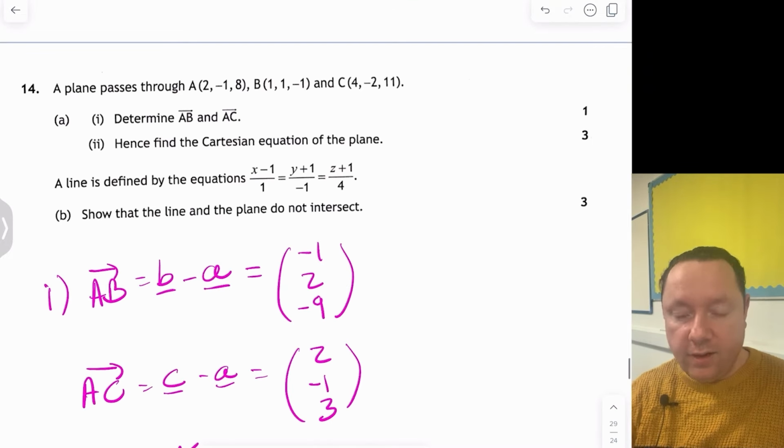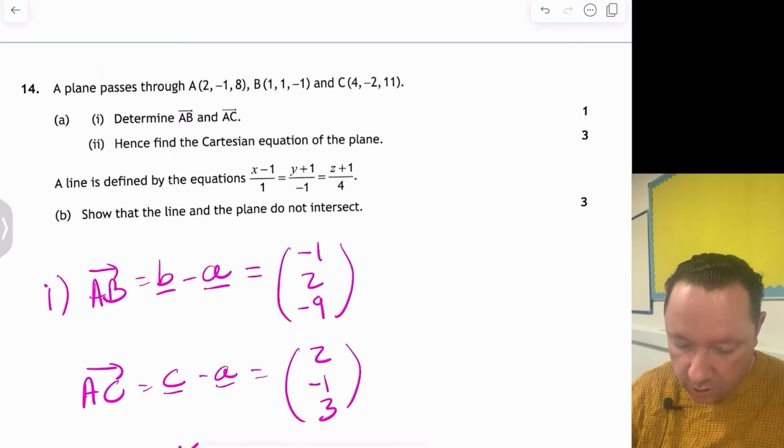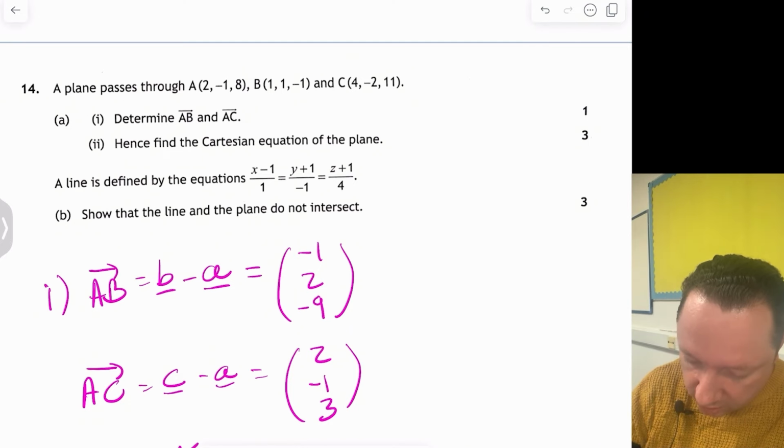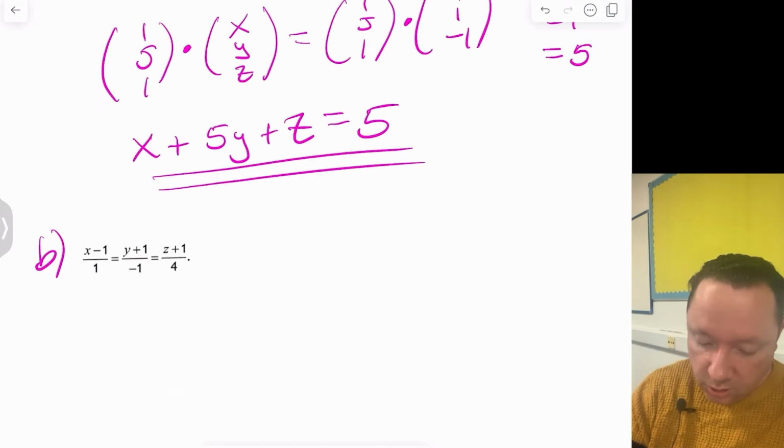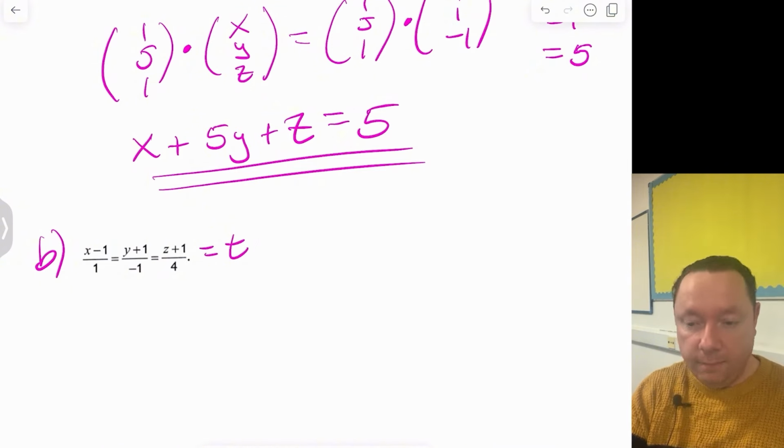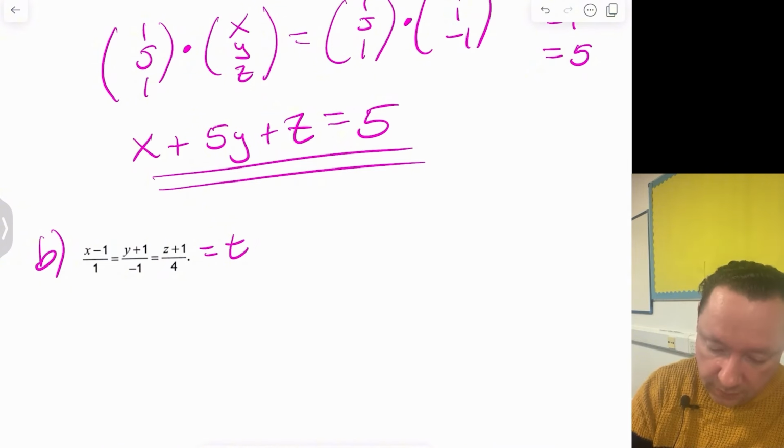Part B, the line defined by these equations, show that the line and plane don't intersect. Let me just copy these equations down to the rest of that page. Okay, I'm going to do this using parametric equations, because that's the way I always do something like this. I'm going to let that equal, say, t, and then I get x minus 1 equals t, which implies x equals t plus 1.